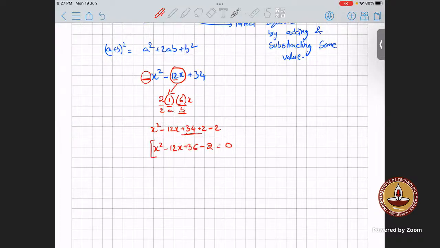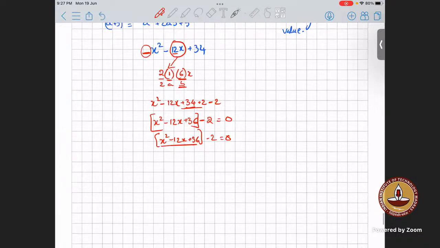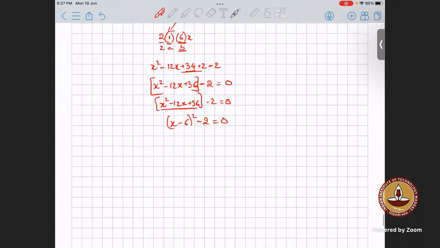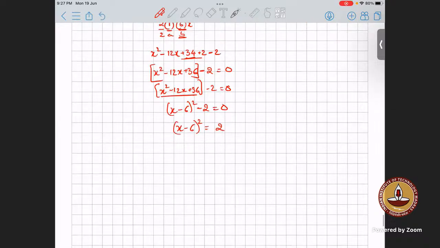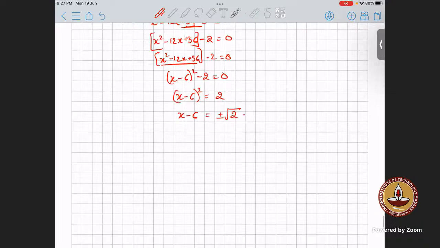Now combine: x minus 6 whole square minus 2 equals 0. x minus 6 whole square equals 2. x minus 6 equals plus or minus root 2. x equals 6 plus or minus root 2. Agree? Clear?